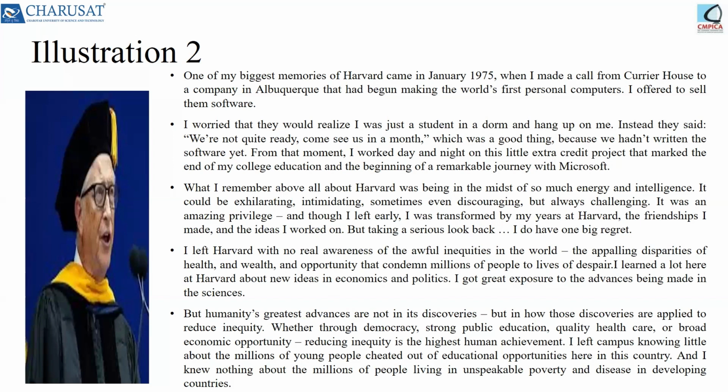Whether through democracy, through strong public education, quality healthcare, or economic opportunities, reducing inequity is the highest human achievement. I left campus knowing little about millions of young people cheated out of educational opportunities here in this country, and I knew nothing about millions of people living in unspeakable poverty and disease in developing countries.